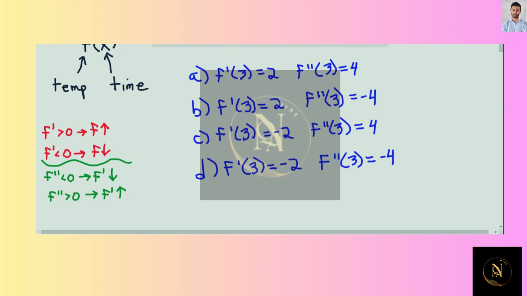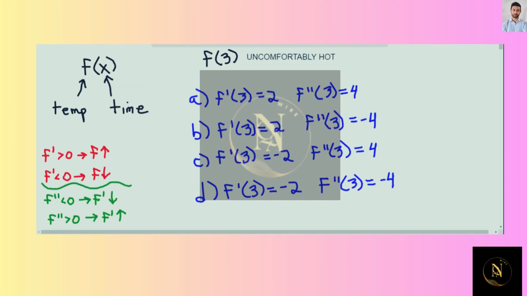Second, I just want to try to show the function here. Okay, now let's look at B. F prime at 3 is 2. Remember, at the 3 hour mark, F, the temperature, is uncomfortably hot for you. Looking at B, F prime at the 3 hour mark is positive.